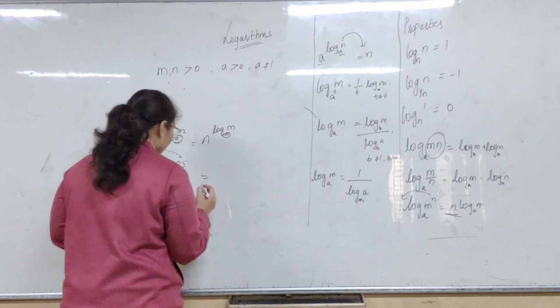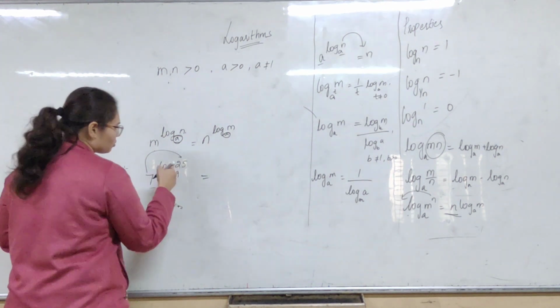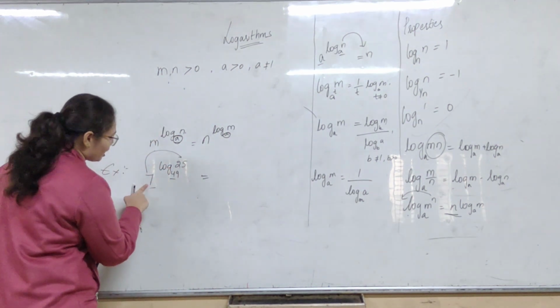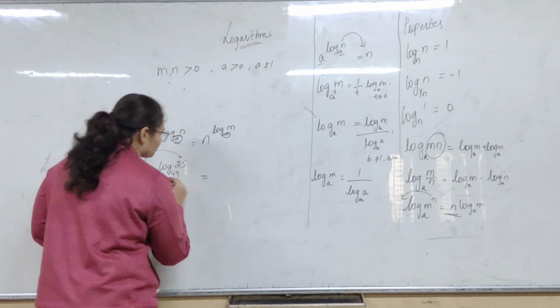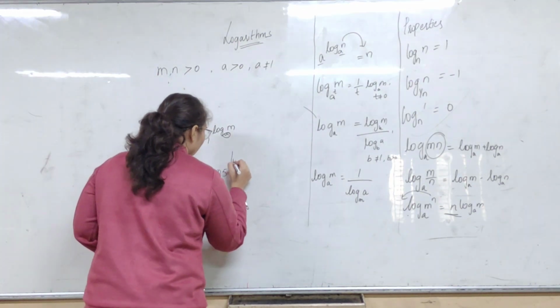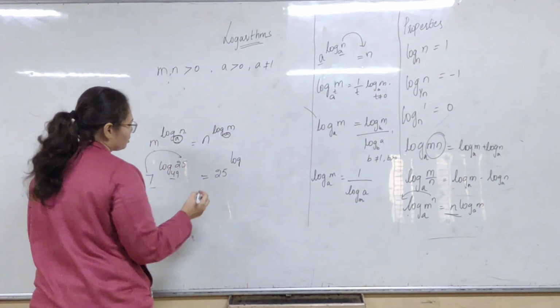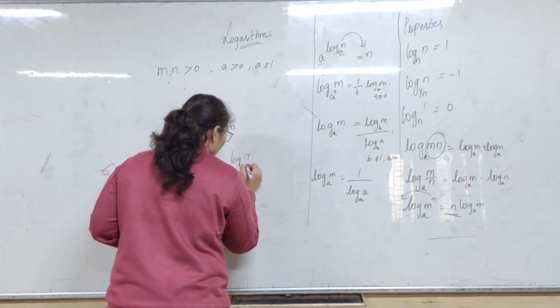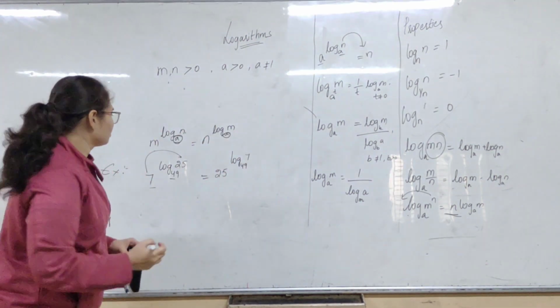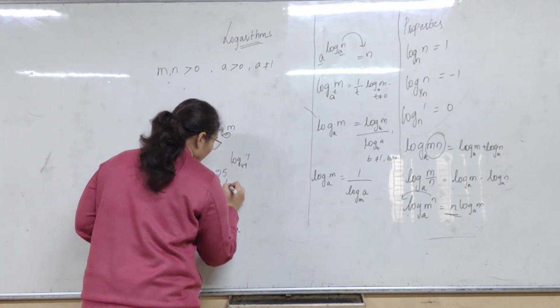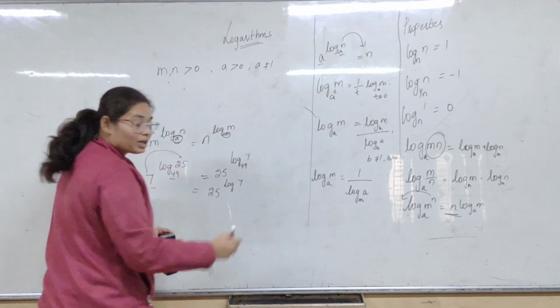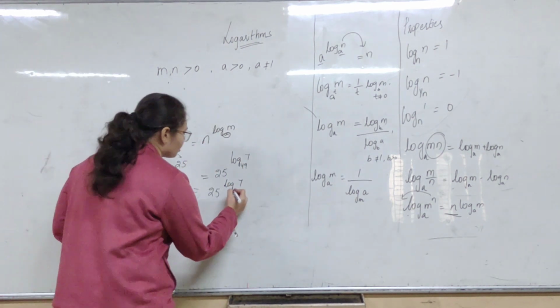With this formula, m and n are replaced. So 25 log 7 to the base 49, and 49 is 7 square.